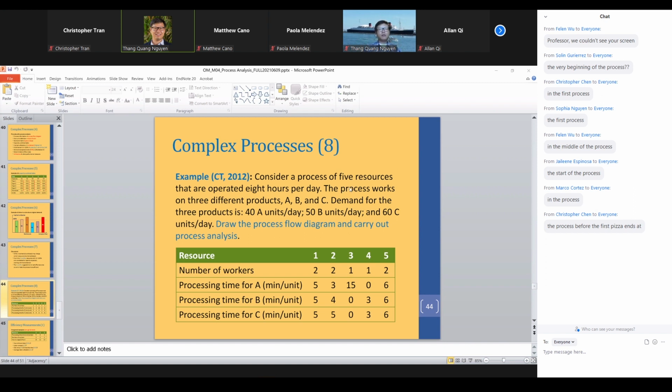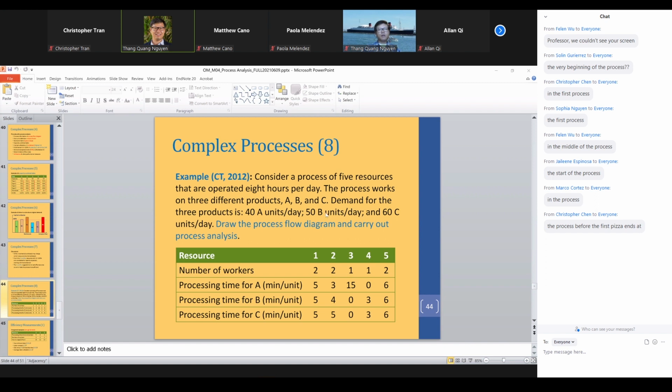So let's consider a restaurant with 5 resources, and the restaurant is open for 8 hours per day. The restaurant works on 3 different products, A, B, and C, right? So there are 3 types of dishes that the restaurant serves. Demand for the 3 products is 48 units of A per day, 50 Bs per day, 60 Cs per day. So these are the demands per day that the question gives us, right?